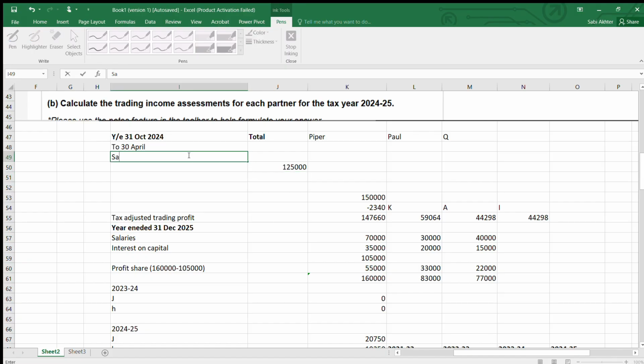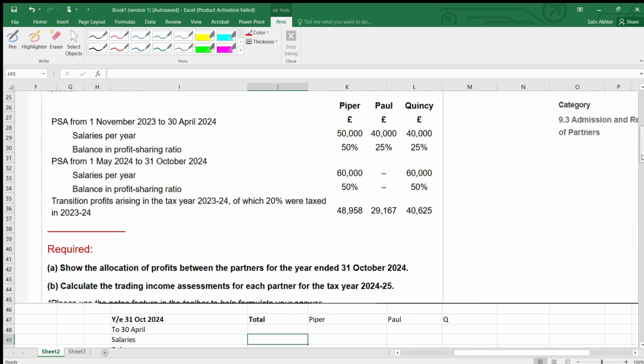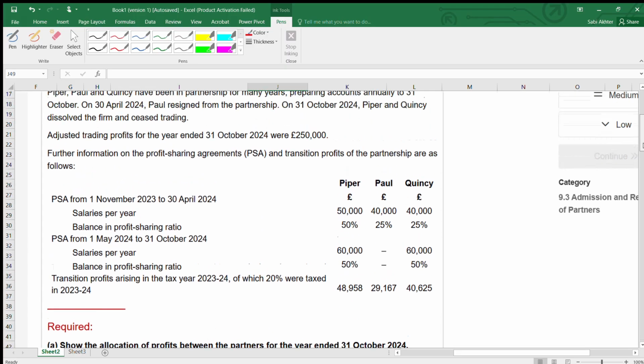Here it is salaries, and sorry, that's 120. This is the balance. Balance is the profit. So when you're taking the salary, salary is for 6 months. But first you need the salary. Okay.